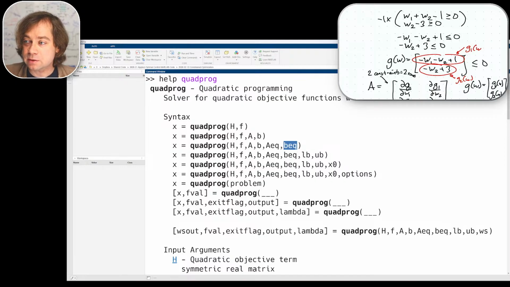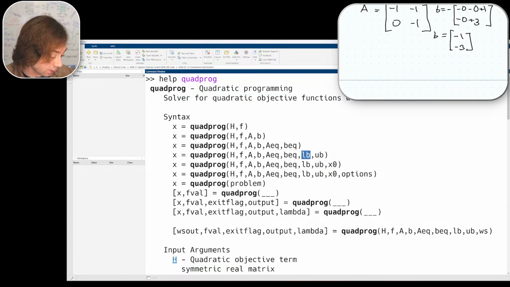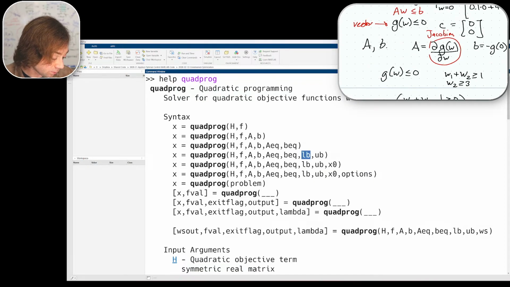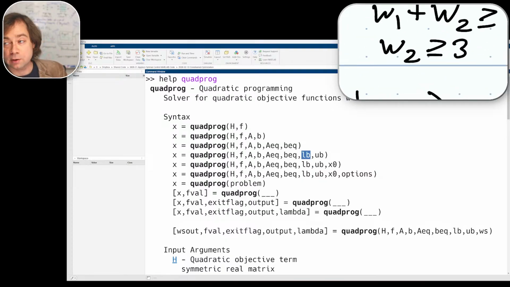And sometimes your constraints are simple enough where literally you're just trying to say that, hey, I want a decision vector variable to be above a certain value. I want a lower bound on it. We can define it there as a lower bound. That's what we have here, actually. You could consider this W2 is greater than or equal to 3.